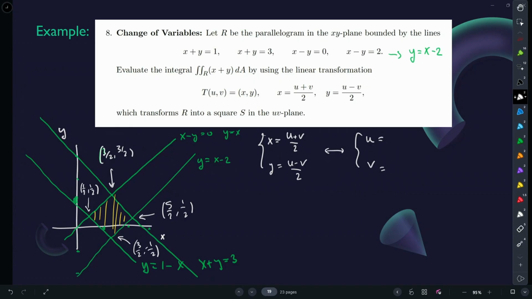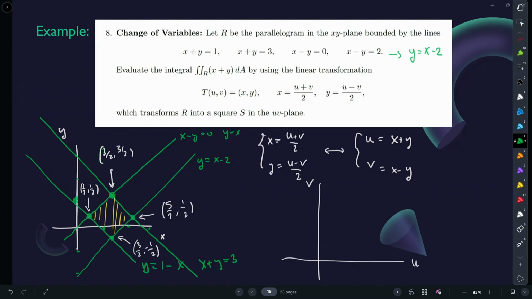If you do this, just solve for u and v. You solve for u in one, plug in the other. I'm not going to do that here, but you get x plus y and x minus y. So what is happening to those coordinates in the u and v world is that now I get, let me draw the points here, here, here, and here.